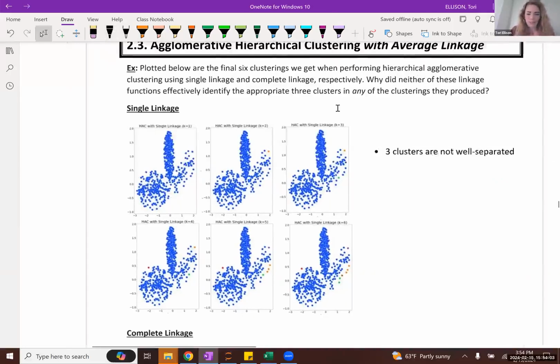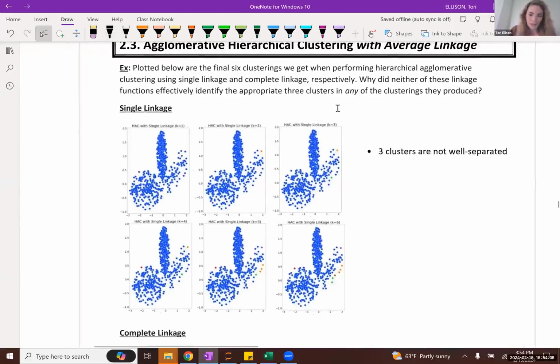Part of the reason is, what's actually going on here with single linkage is basically all of these points are pretty close to each other. So these points would have all merged together pretty early on. And these points too. So we see this more dense core in these clusters here. And then as the algorithm progressed, clusters that were a little bit further away ended up getting merged together.